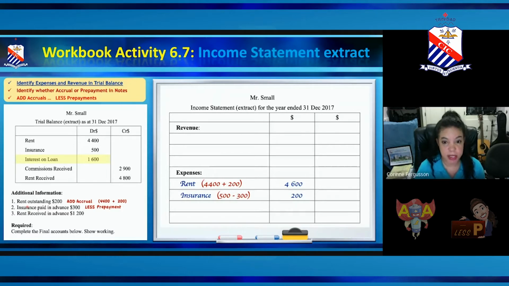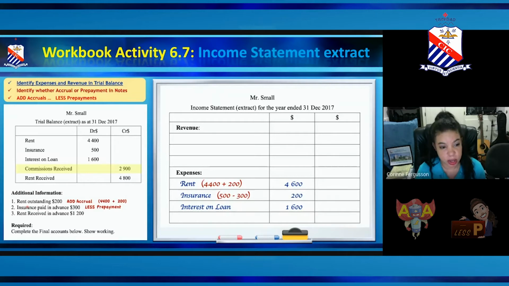So you would simply still go into your income statement under expense and put interest on loan. Since you have no adjustments to make, you just simply put what is in the trial balance, which is 1,600.